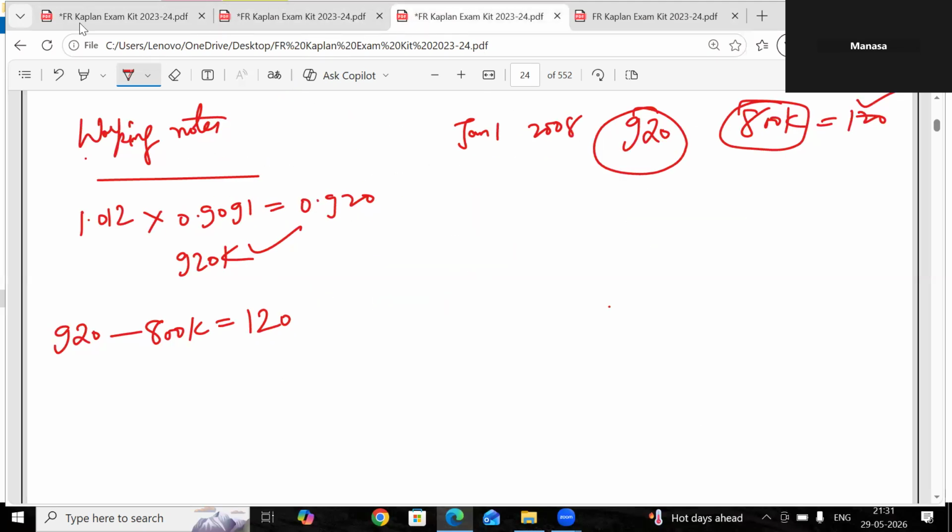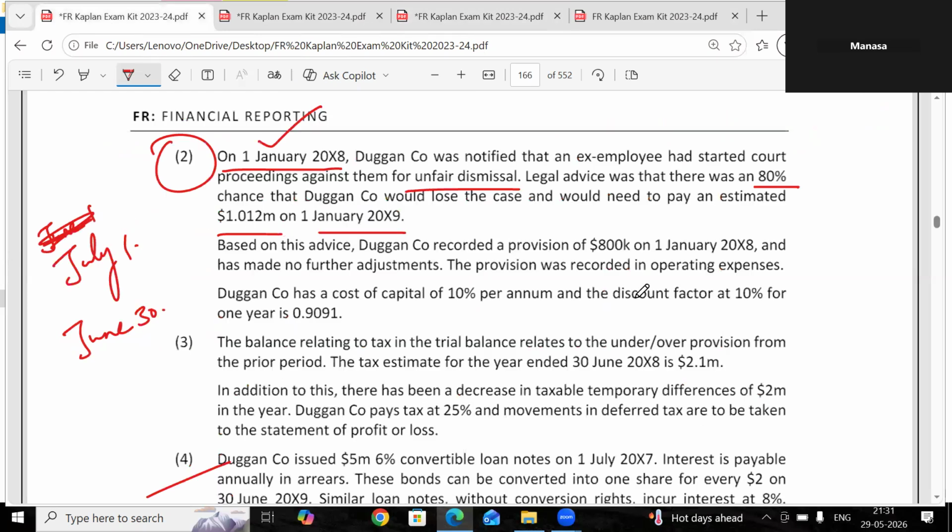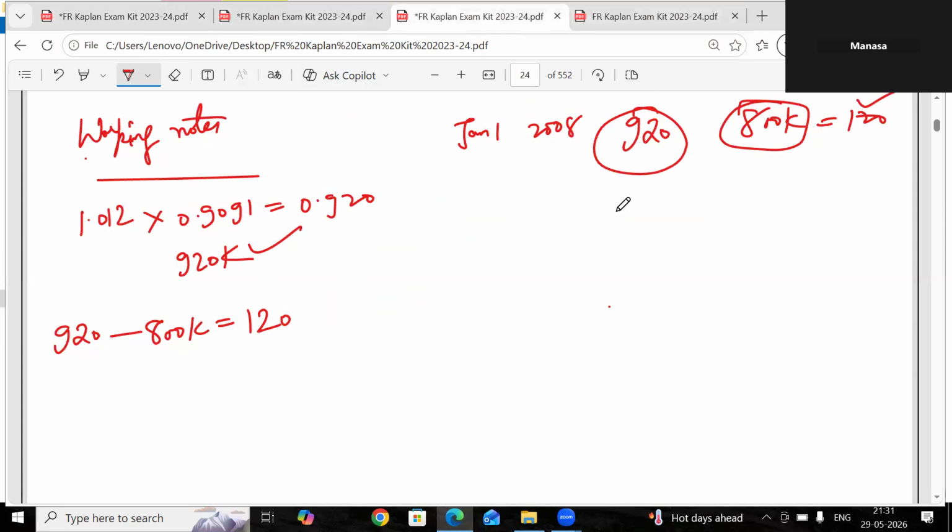But this January, we are closing the year. So this 920 has to become how much? 1012 at the end of 1 year, from January 1st, 2008 to January 1st, 2009. 920 will become 1012 with the addition of interest.